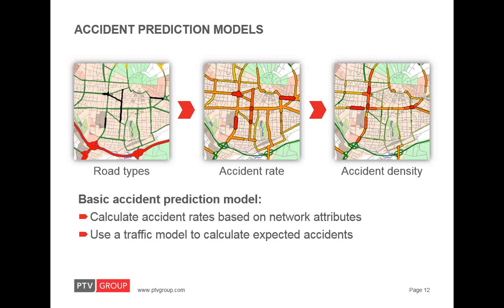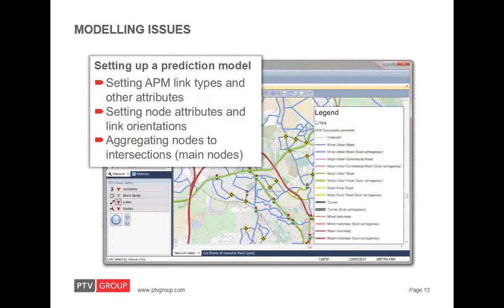All right, so let's have a look at Visum. What I'm going to show you first is how to set up such a prediction model. We use this Swiss example. I'll show you how to define these link types. That's one major point which you have to do.